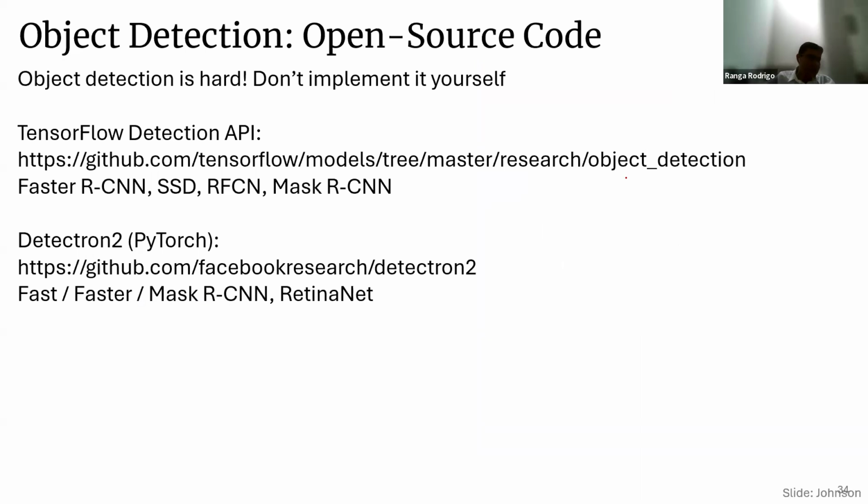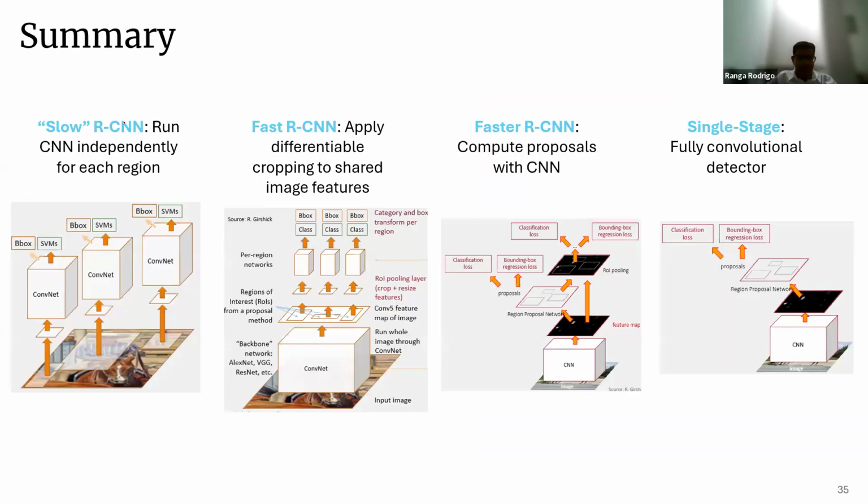If you want to use TensorFlow, you can follow this, and if you're using PyTorch, you can use Detectron for object detection. So in summary, R-CNN was first introduced, and then in Fast R-CNN you switch the convolutional neural network and the selective search process. But still, the selective search had to be applied, and region proposals had to be located on the feature map.